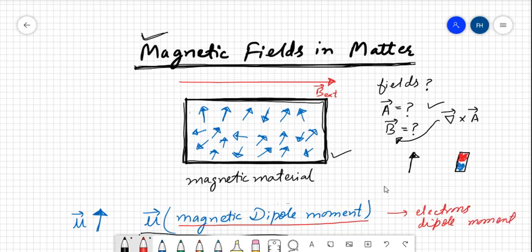You can visualize that we have a magnetic material with lots of dipole moment vectors, or you can visualize tiny bar magnets. Bar magnets and dipole moments have the same kind of field, so you can associate bar magnets with a magnetic dipole moment.